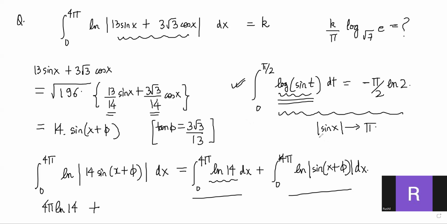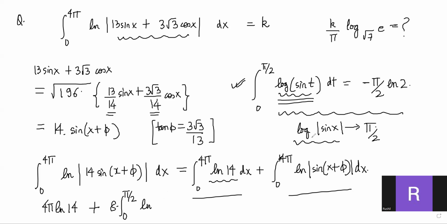Okay, so you have to think about whether you do it 4 times pi or whether you do it 8 times pi by 2. You have to figure out log sin x period. I think log sin x period will be pi by 2, not pi. You have to check it.